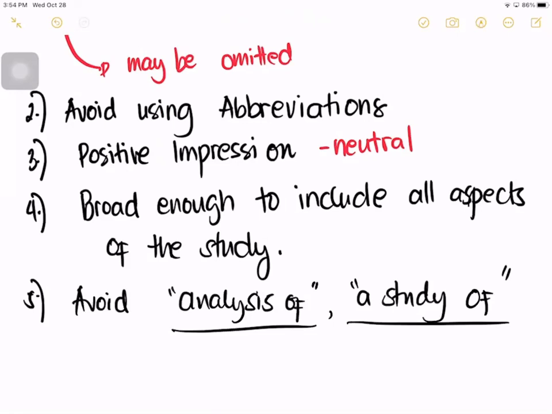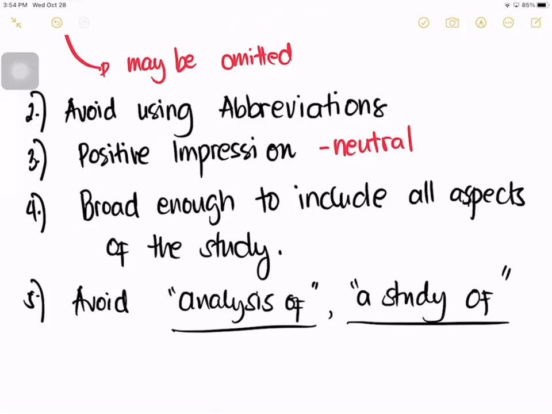Aside from that, it makes our title lengthy. Remember that we have only a certain number of words, which we will learn in a while, and we have to adhere to that specific word limit in order to avoid chunky and really very long titles.